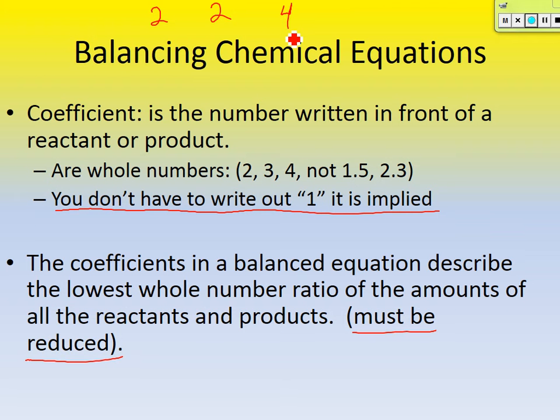Could that be reduced? Yeah, they're all divisible by 2, so this would be reduced to 1, 1, and 2. What if it was 3, 12, and 12? Could that be reduced? To 1, 4, and 4. So that's what I mean. These coefficients must be reduced.